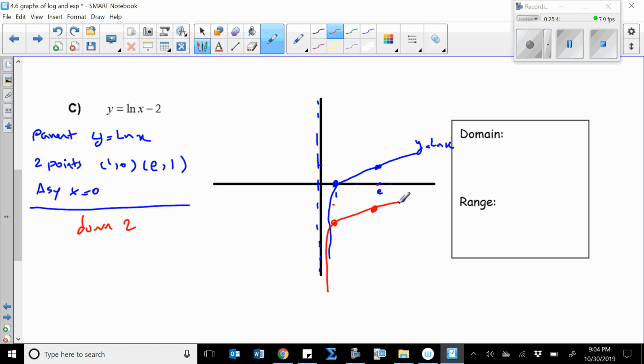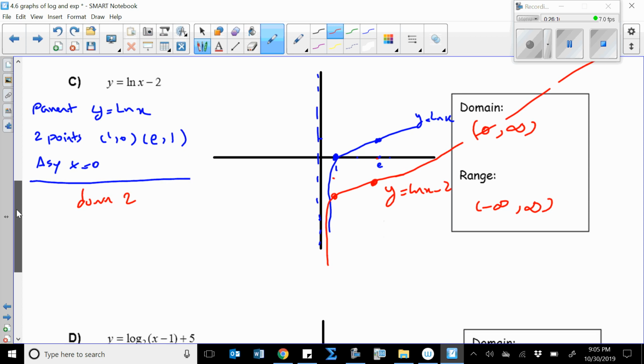So this will be the graph of y equal to ln of x minus 2. The domain is still the same, 0 to infinity, and the range will be negative infinity to infinity. Although I have moved this down 2, I still know that this function is going to continue forever. So it's from negative infinity to infinity.